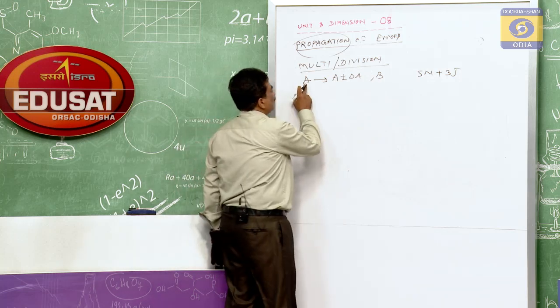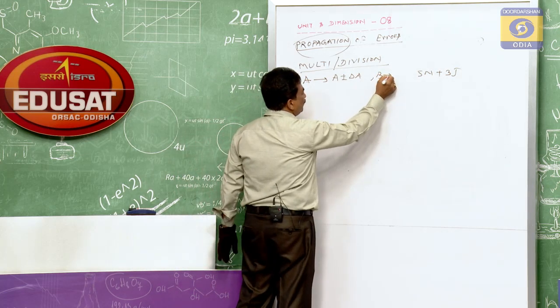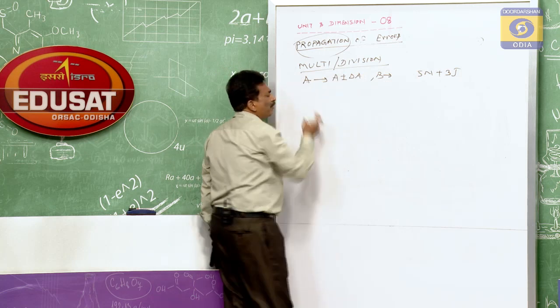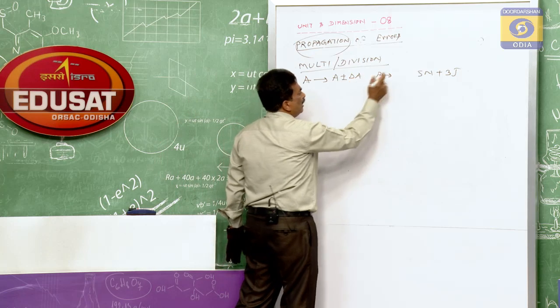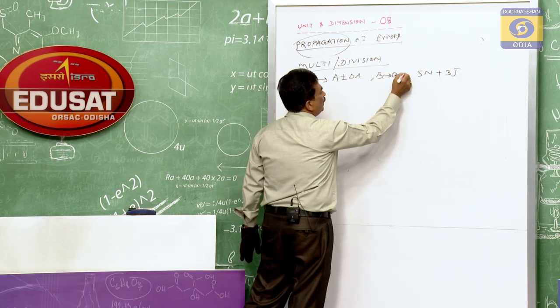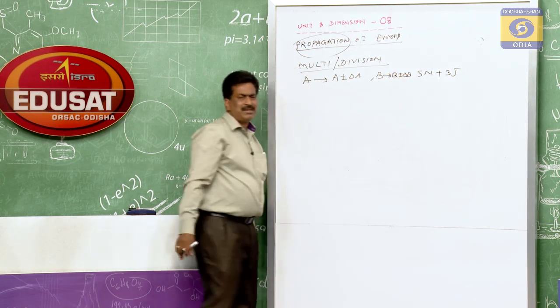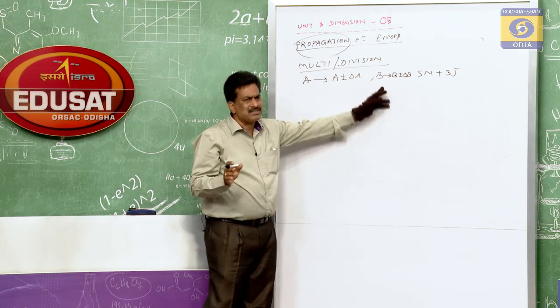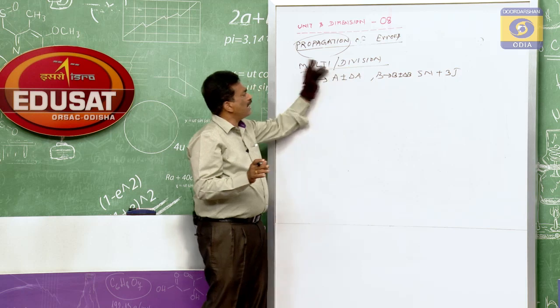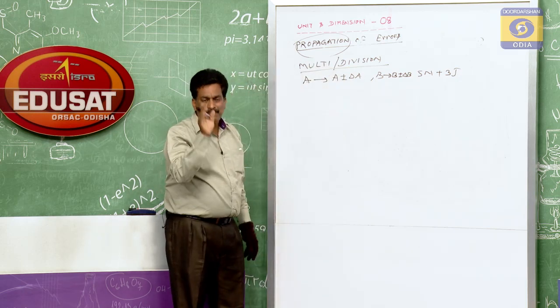So when these two quantities are to be added, they must have the same unit. So the two physical quantities are A and B. A is not the real one, it has some error, so it is A plus or minus del A, and B is B plus or minus del B. Clear? For addition we add, for subtraction we subtract. But now we are going to find the multiplication.